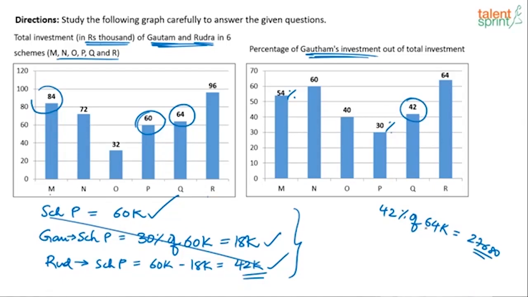40% is 24,000 plus, what is the breakup of this? 40% is 24,000 plus 1,600, and 2% is 1,280.